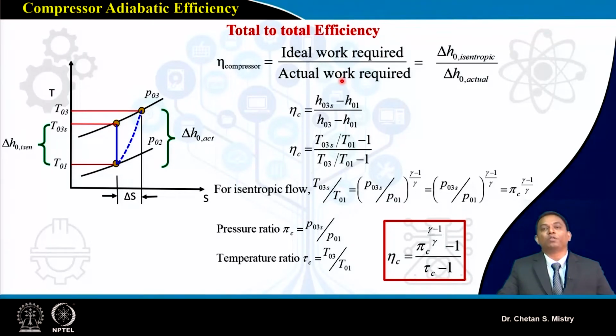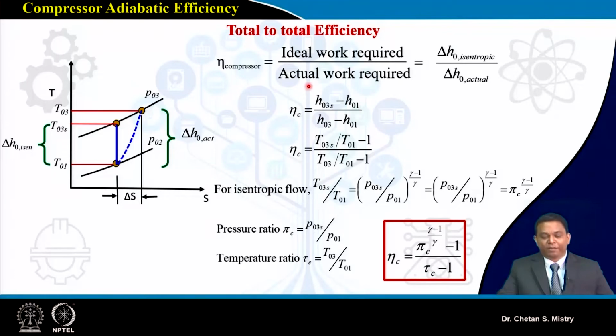Many times people say that if I take the reciprocal, then my efficiency will come out more than 100%, and that's the reason why we put it this way. Remember one thing: this compressor is a power consuming or work consuming device, and for that reason we represent our efficiency as ideal work done divided by actual work done.